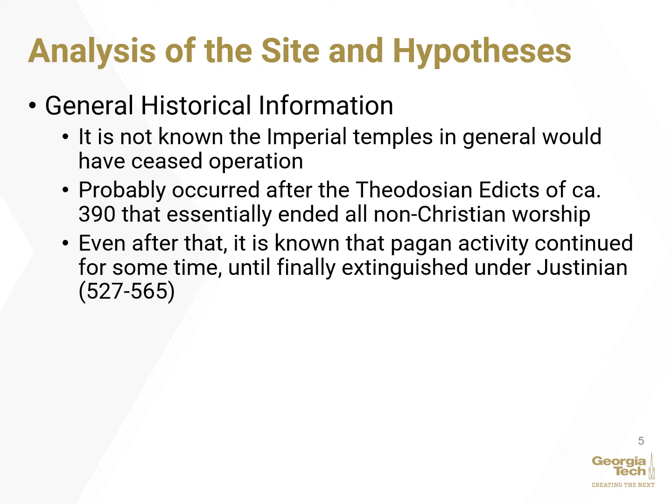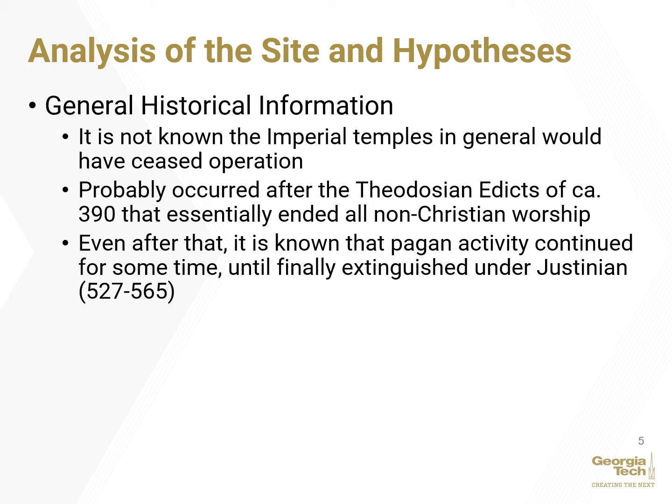Some historical information, essentially general to begin with, because we don't really know the history of this particular imperial temple, why it collapsed. We looked at the historical evidence a little bit, but it's not known when imperial temples in general ceased operation.